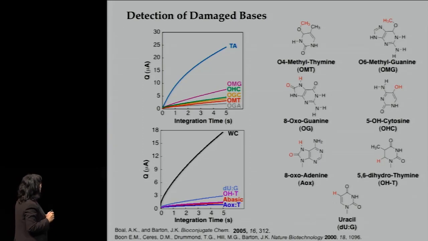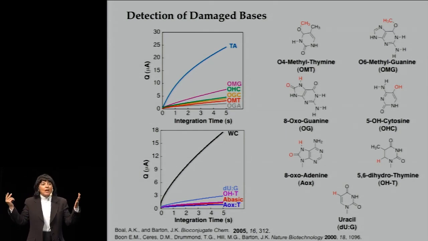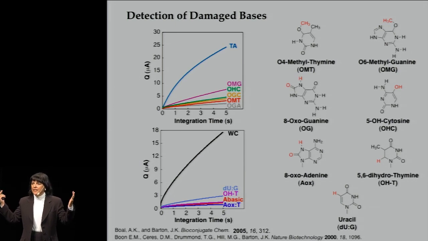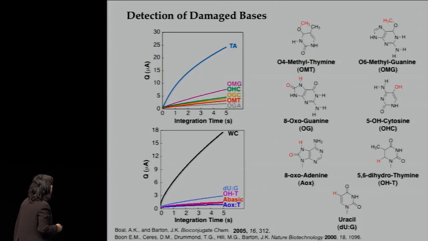And in fact, interestingly enough, here are examples of different modified bases. So our bases are constantly getting damaged in our DNA. And these are examples of different lesions, different things that happen to our DNA bases. You can get methylation.